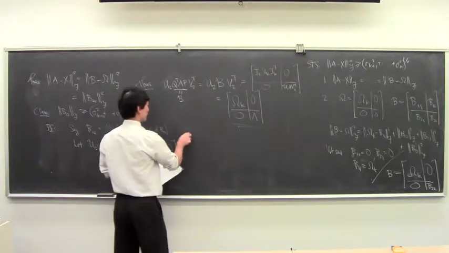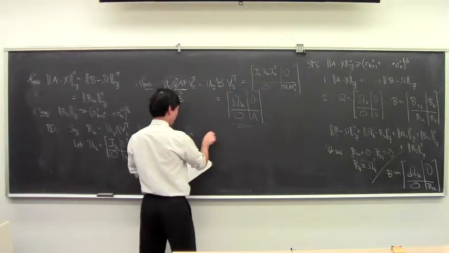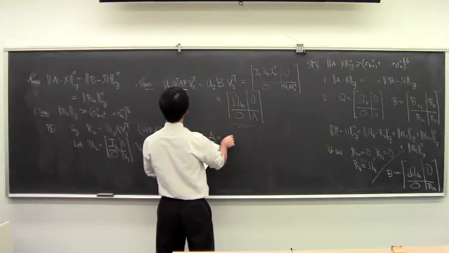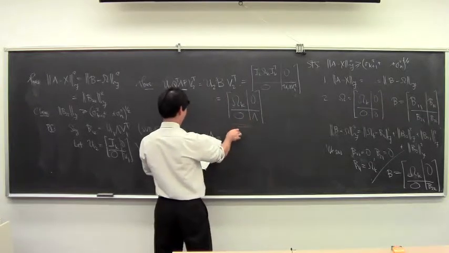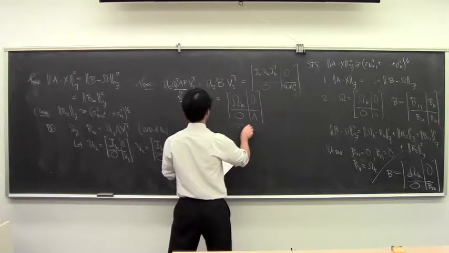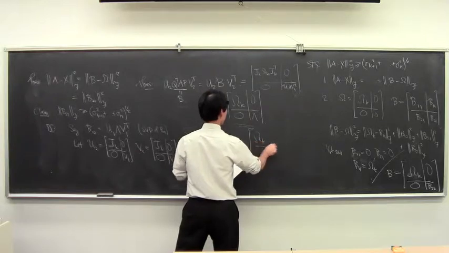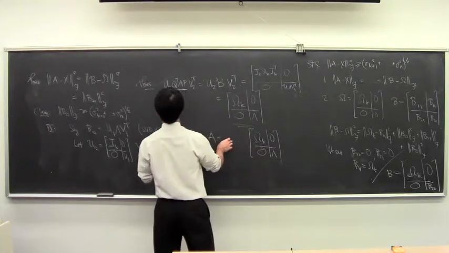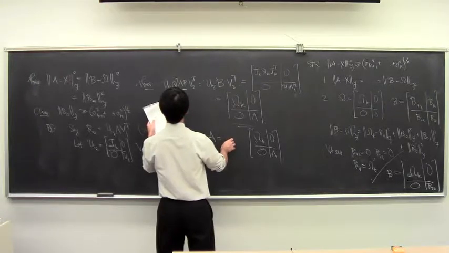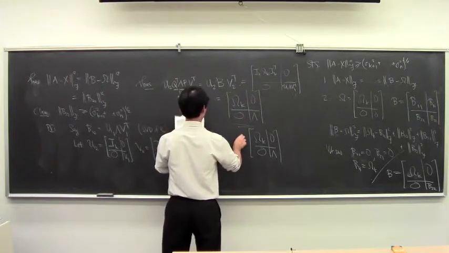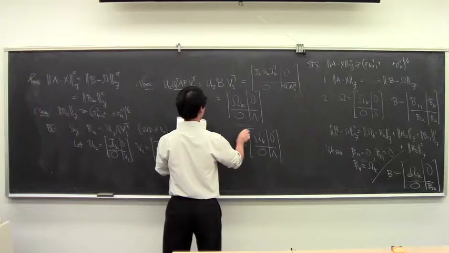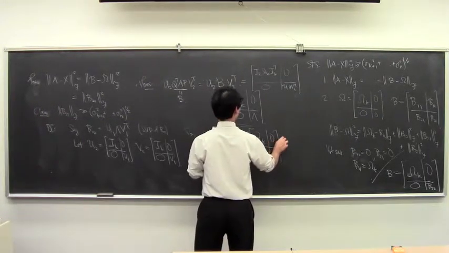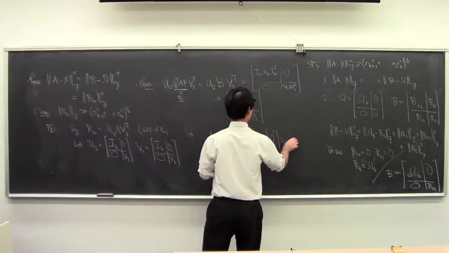Okay. So what do you get? You get that A is this thing, and U2 transpose Q, and then V2 P transpose.